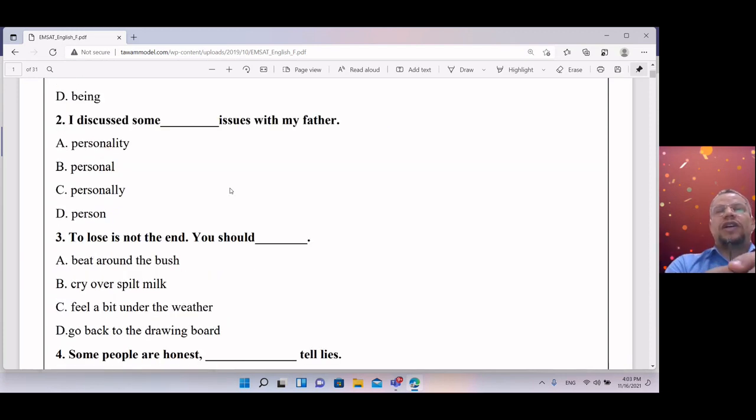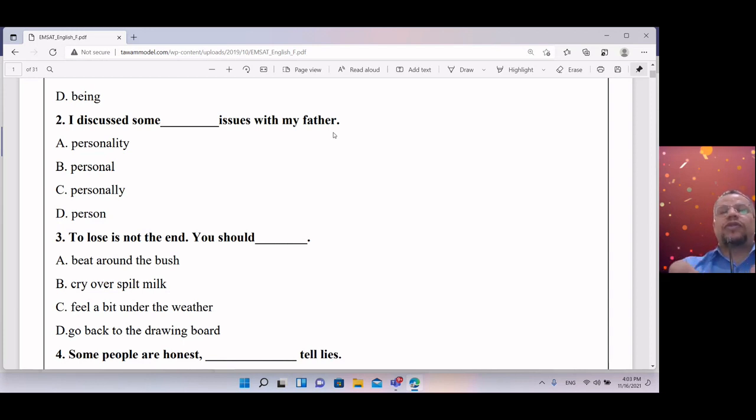Let's go to number 2. I discussed some personality, personal, personally, person, issues with my father. Guys, if you want to answer questions at this point in grammar, you have to ask yourself what part of speech you need before you see the answer choices. Is it an adverb, adjective, verb, noun, or pronoun? What is it?